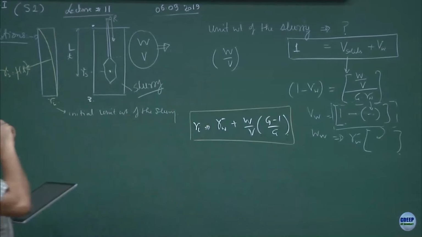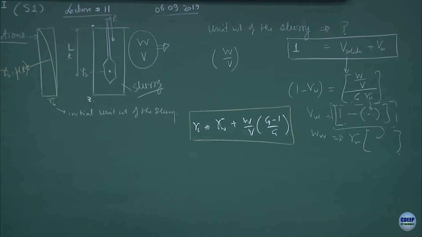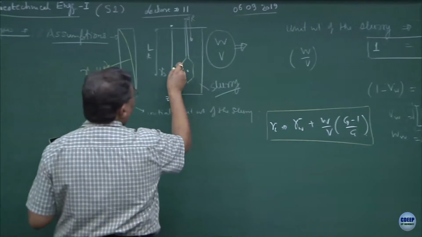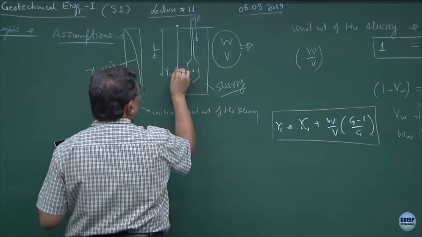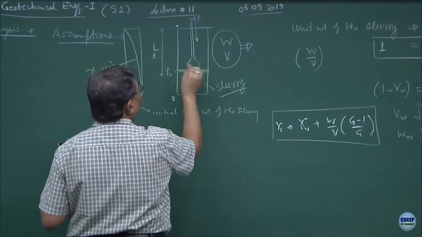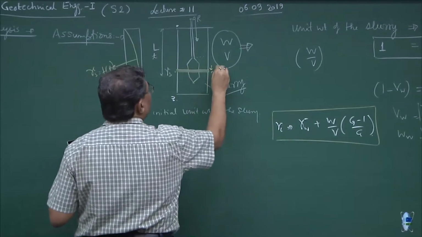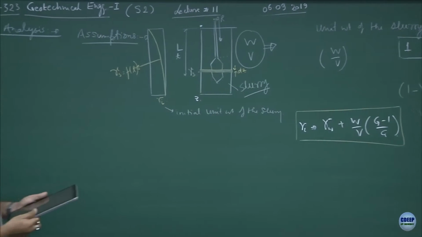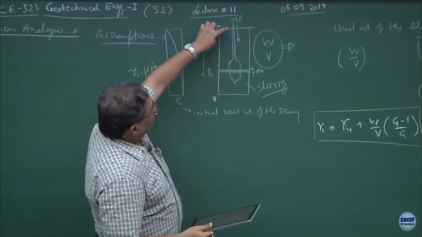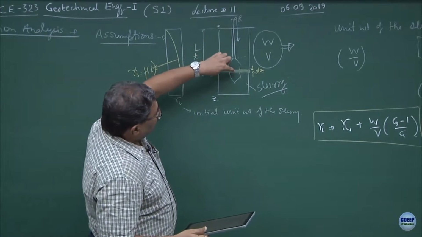Now, the concept which I was discussing in the last lecture is, at this point, which is at a depth of Z, if I consider a plane which is of thickness dz, now what hydrometer is going to do is, it is going to give the density of the slurry at this point.